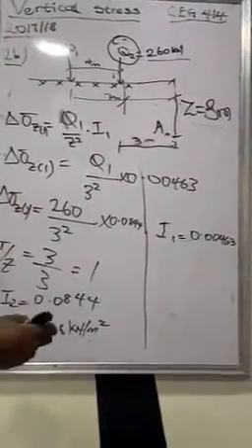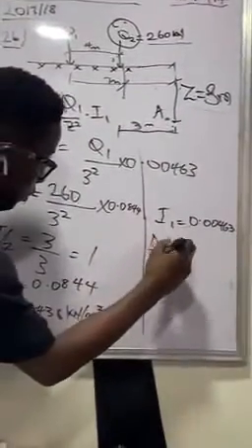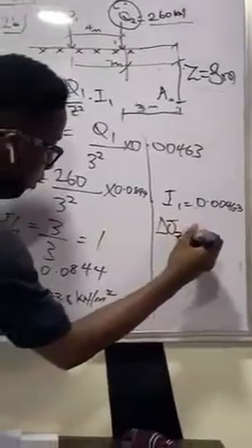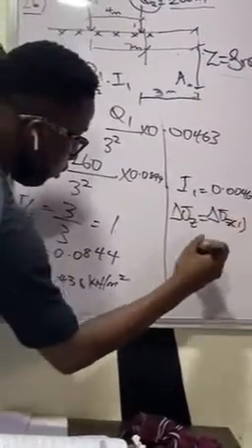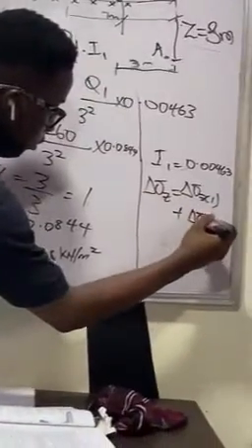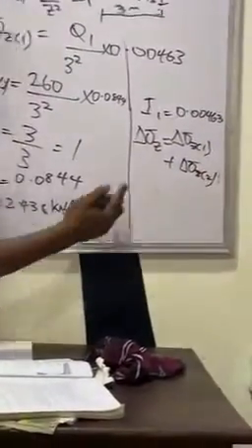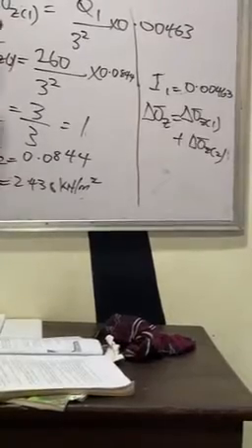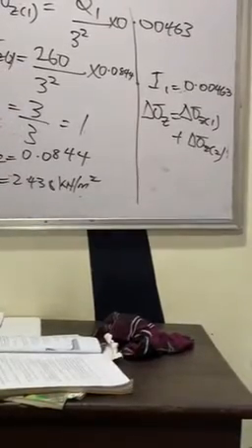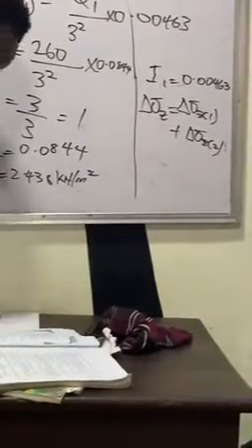Earlier I stated that the total change in stress for two forces acting on the soil is equal to the summation of the two vertical stresses caused by the two forces. So you are just adding this and this. I already have the summation of this and this, given in the question as 2.6.